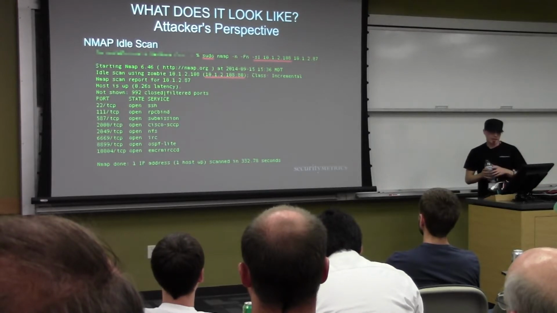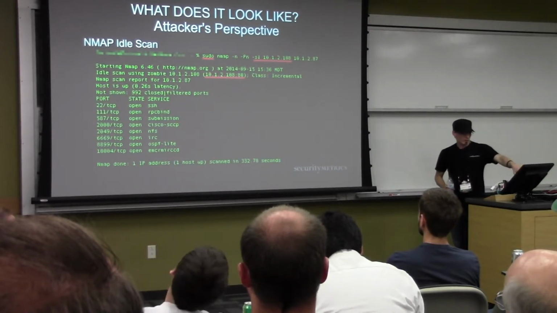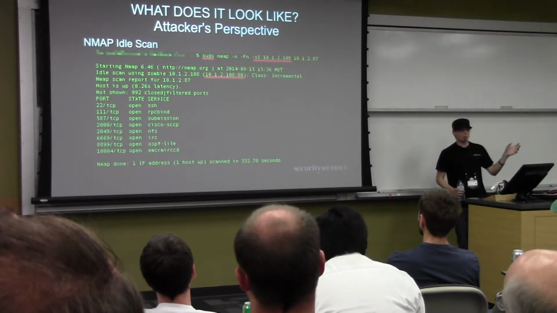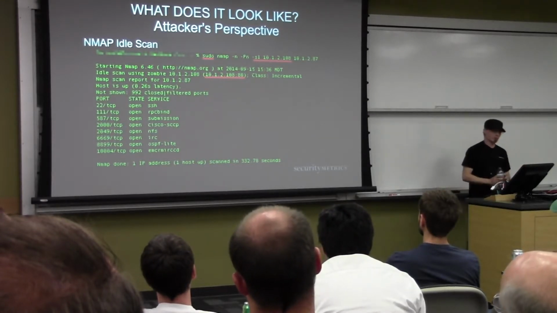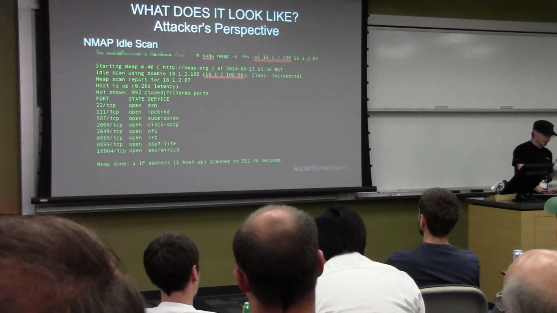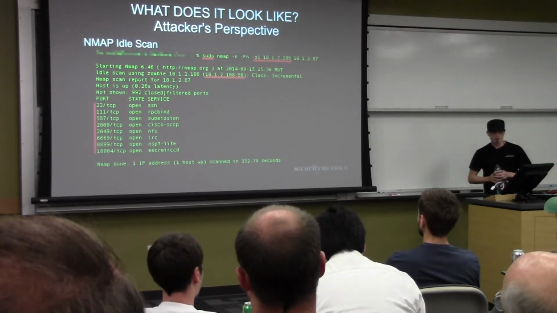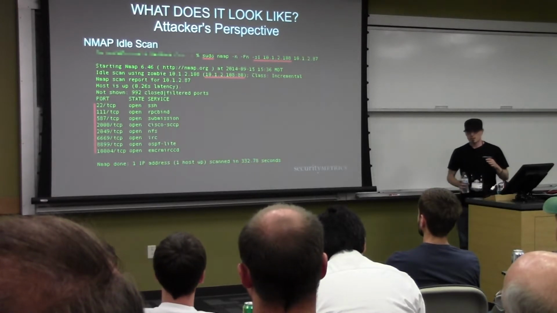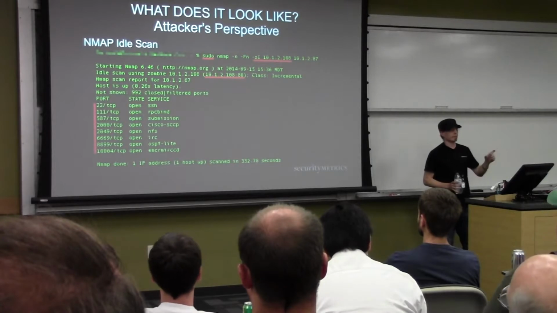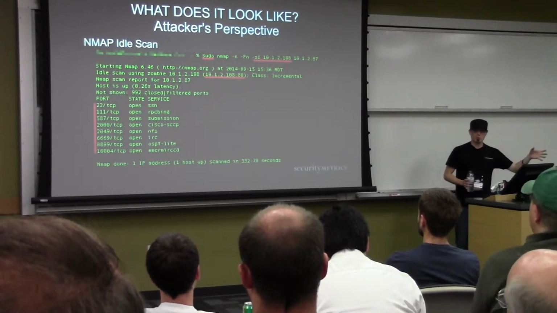You can see that it shows you what zombie you're using here. By default, it uses port 80. You can specify what port you want it to use. In this case, you can see that there are actually 4 other services that this target trusts the zombie to be able to access, as opposed to my regular address.